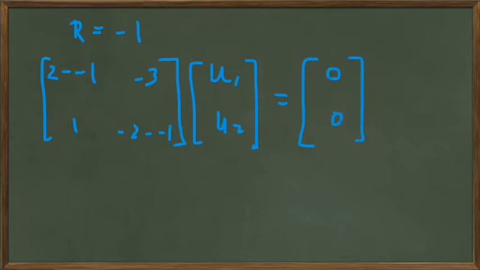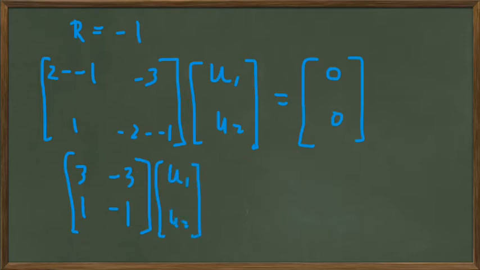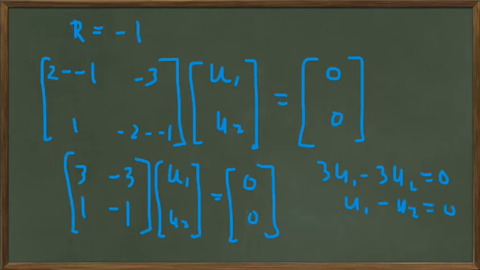So if we simplify this matrix, it's 3 minus 3 and 1 minus 1 times U1, U2, the eigenvector we're trying to find, we see that we get two equations that are the same, even though they're a little bit disguised. 3U1 minus 3U2 is 0, and U1 minus U2 equals 0. And that's the same as U1 equals U2.